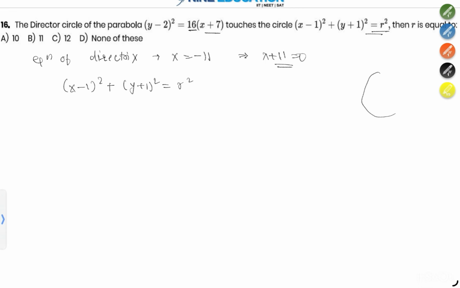So if you have a circle like this, there is a tangent. So this perpendicular distance has to be the radius, and this is what we are going to find here. The perpendicular distance, the point is 1 comma minus 1, so we can say 1 plus 11 by 1, which is 12. That will be the radius that we have here.